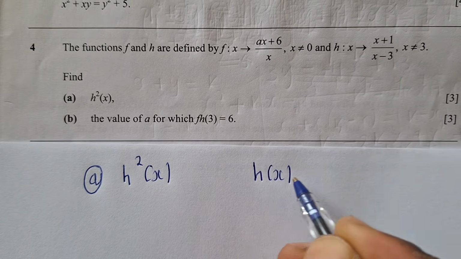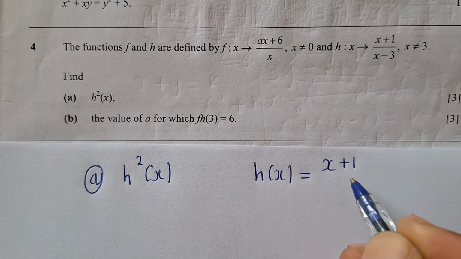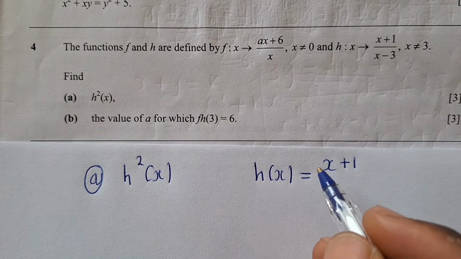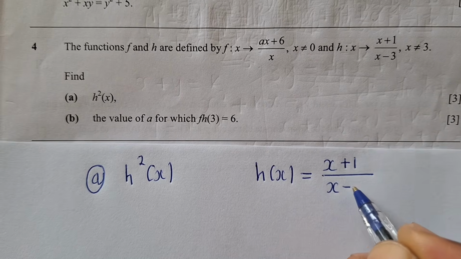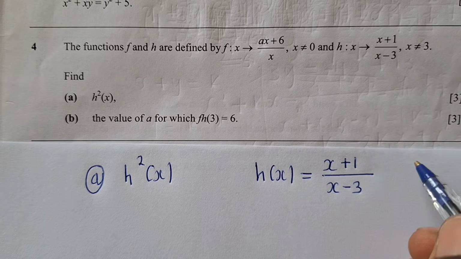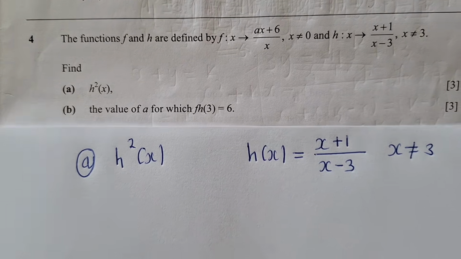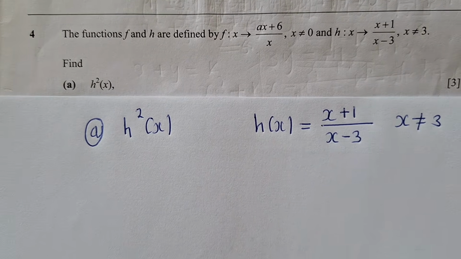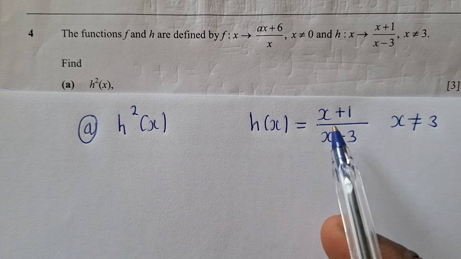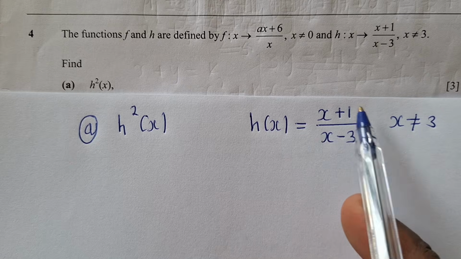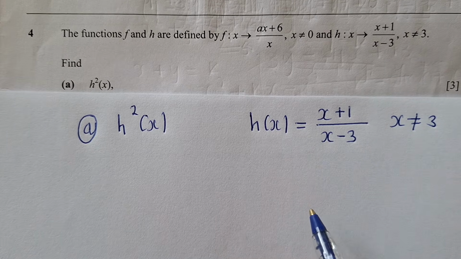H of x is equal to x plus 1 over x minus 3, and we know that x is not equal to 3. So here what it means, pay attention and listen very carefully. You're supposed to get this same function, you put it where x is here and right here. That's what it means.